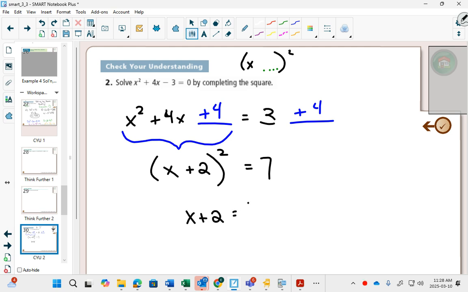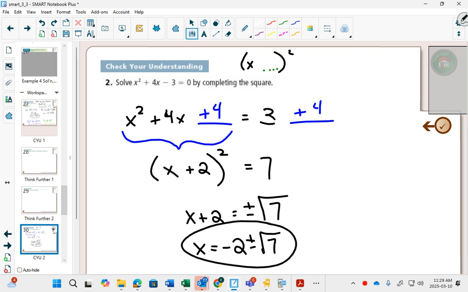I remember the plus or minus. Then to get x by itself, I move the 2 over. 7 cannot be simplified any further. So this is my final answer. So I'll give you some time now to try 5, 8, and 9.